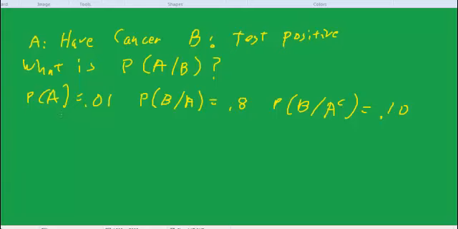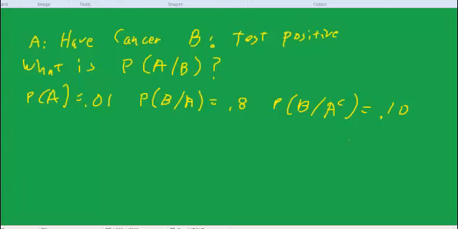The probability of A, that a random woman at that age has cancer, is 1% in this problem. The probability that they test positive if they have cancer is 0.8. The probability that they test positive if they don't have cancer is 0.10.